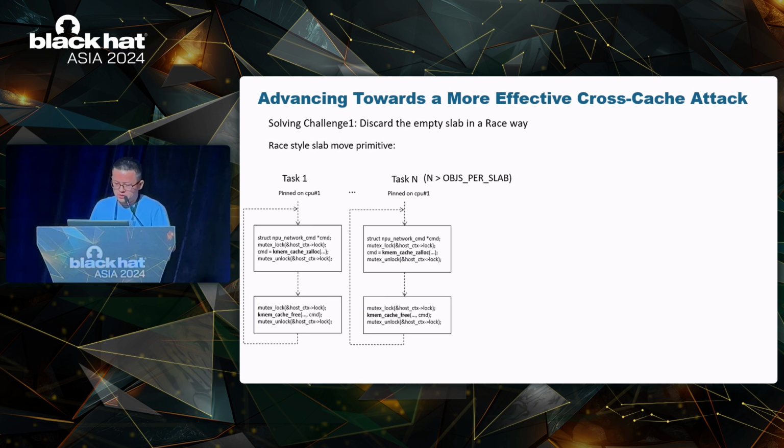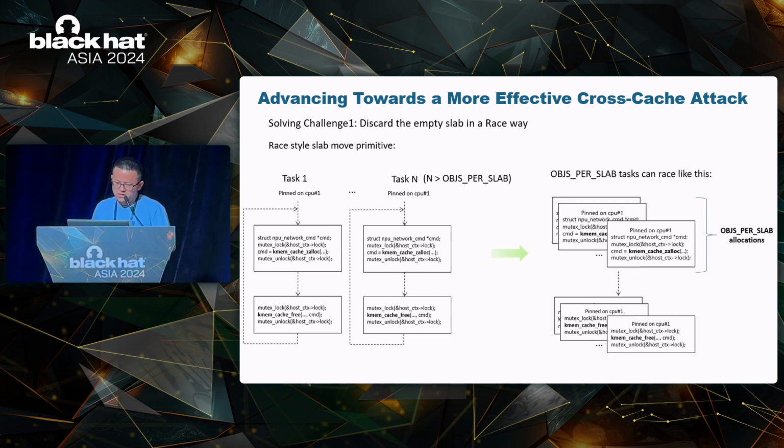All of these tasks are pinned to CPU 1, and each of them keeps on allocating and releasing the NPU network command object by calling the corresponding NPU IO control. There will come a time when at least objects-per-slab tasks have finished the allocation of objects and still wait for their release.